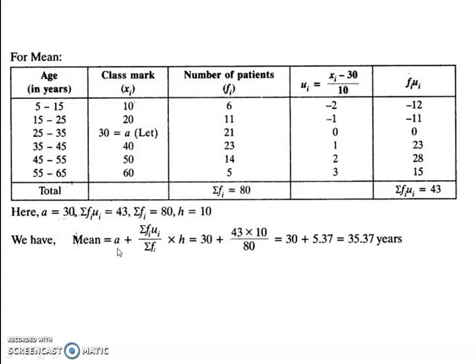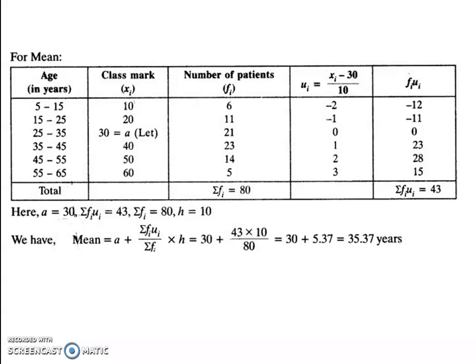Mean is equal to a plus summation fiui by summation fi into h, which is 30 plus 43 into 10 by 80. That's equal to 30 plus 5.37, which is 35.37 years. Students, don't forget to write the unit at the end of your answer. The unit carries marks. So, by this we end our topic, mean of grouped data.